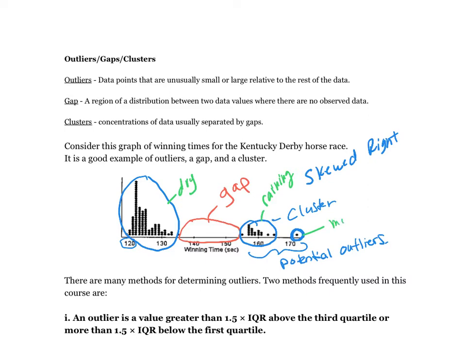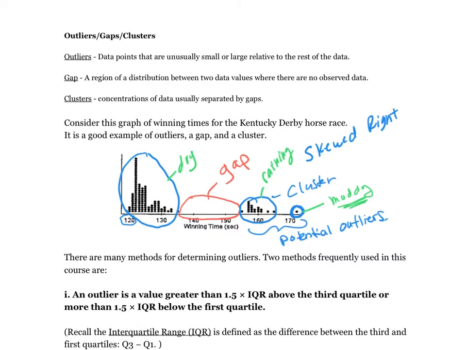Maybe it was very muddy. I don't know what the real story is behind that one, but obviously something really slowed that race down. It almost took a minute longer than the usual times to finish. So the interesting thing is that those times in the cluster were from rain. When we're looking at a distribution and we see gaps and clusters and outliers, we need to ask ourselves why. How did we get that information? What's it telling us about Kentucky Derby race times?